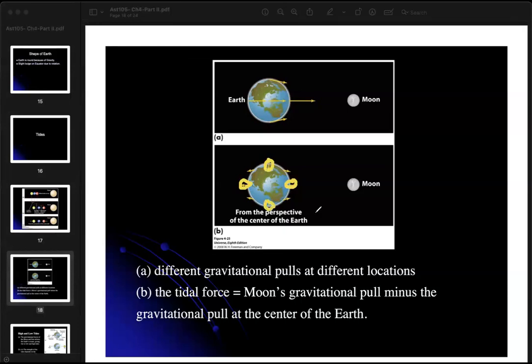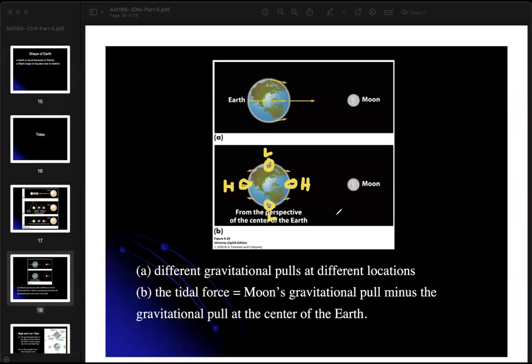Here it falls. Okay, so high tide, high tide, low tide, low tide. So at any point of time, two big regions on the Earth are experiencing high tide, and two other big regions are experiencing low tide.